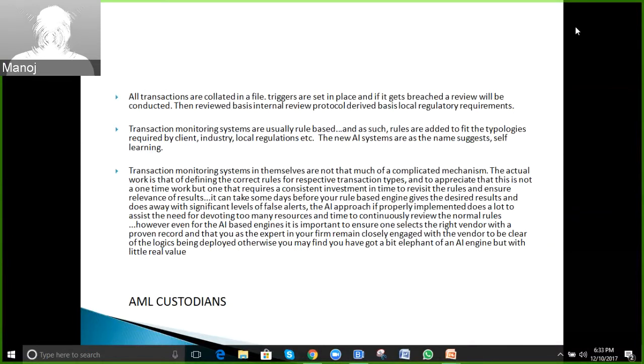So generally we do not reach out to the customer in transaction monitoring. Every analyst or investigator does reach out to the RM. Even if the RM is not aware of it, we try to reach out to other teams who can give information, and it may result in SAR filing.